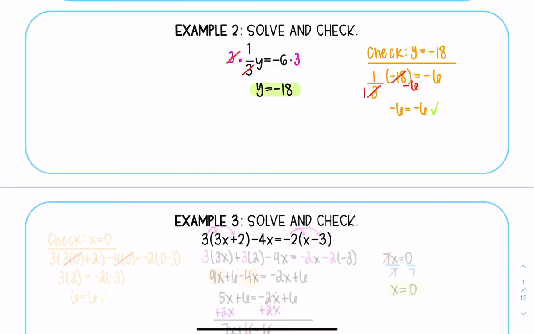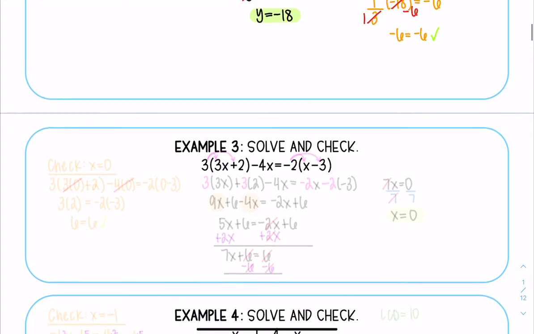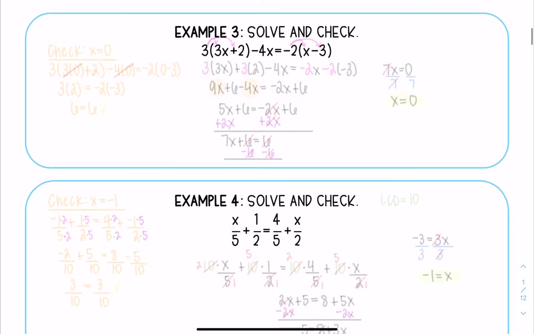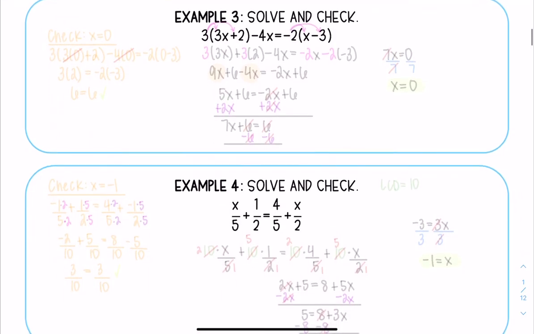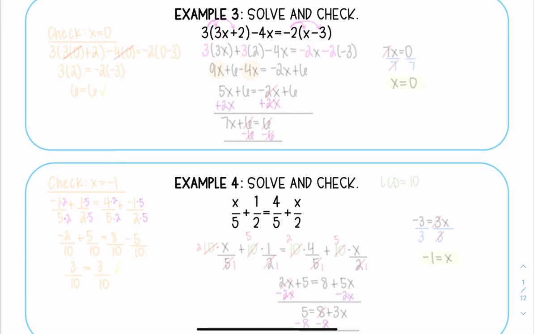Let's do the same thing for example number 3. Something a little bit more complicated. So we need to get rid of these grouping symbols first. So we are going to distribute the 3, and we're also going to distribute the negative 2.